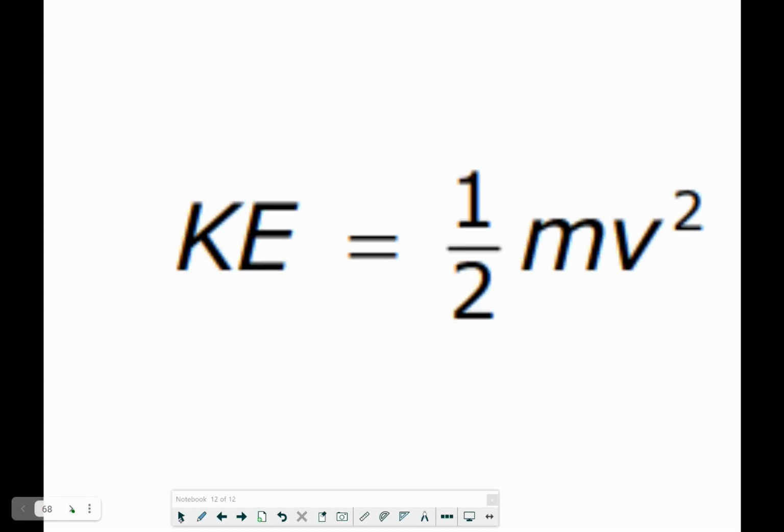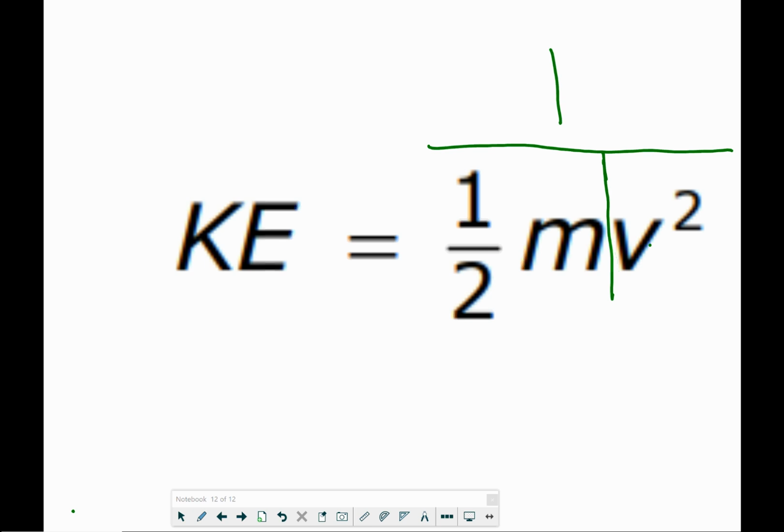All right, here is another slightly tricky one. The 1/2 stays with the M. The superscript 2 stays with the V. When you look at your second column, you'll see KE is a single thing. That is kinetic energy. So KE equals 1/2 or 0.5.